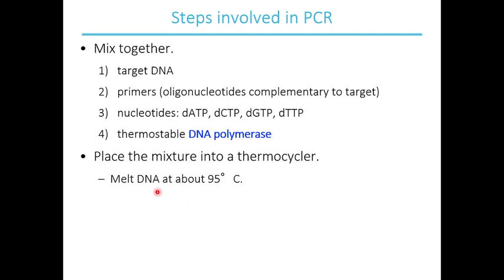In the first step, the samples are melted at about 95 degrees centigrade, and at this temperature it only melts DNA, which means that the double-stranded DNA becomes single-stranded. This is the reason why we use a thermostable DNA polymerase, because the protein does not denature at 95 degrees C.